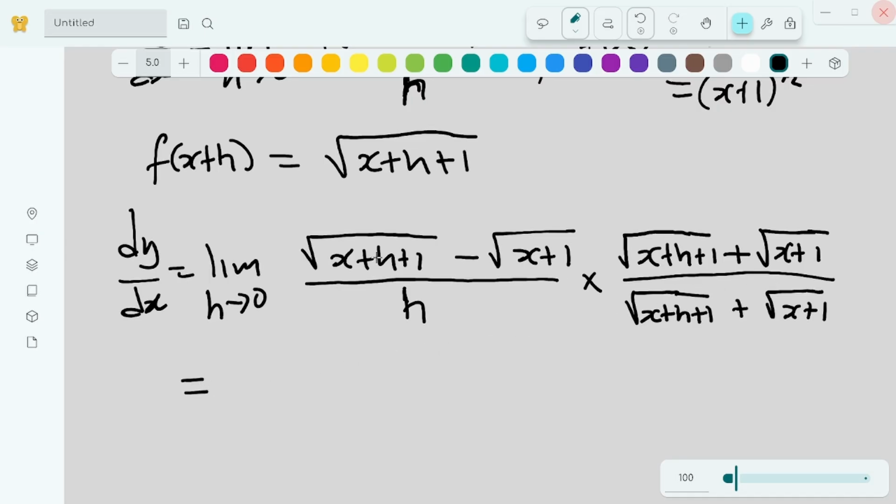So let's multiply the numerator times the numerator.